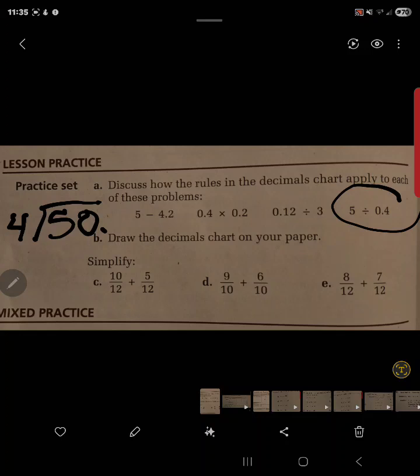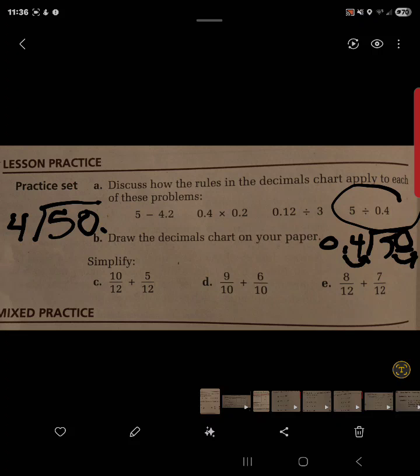Okay, and again, all I did is I took 0.4 divided into 5, and I moved that to make it a whole number. So if I move that one, I have to move that one. Well, what do we do when we have a space? We add a 0, right? So this question becomes 4 into 50.